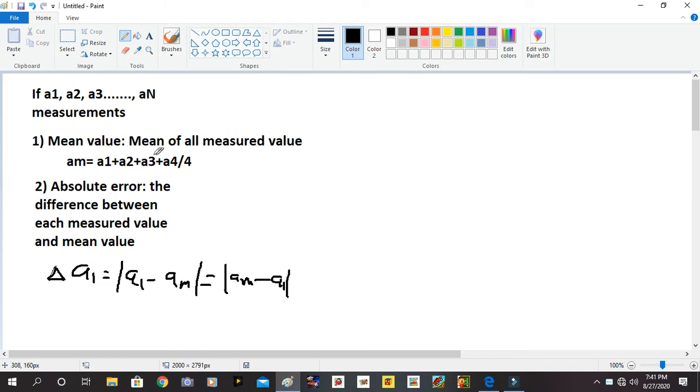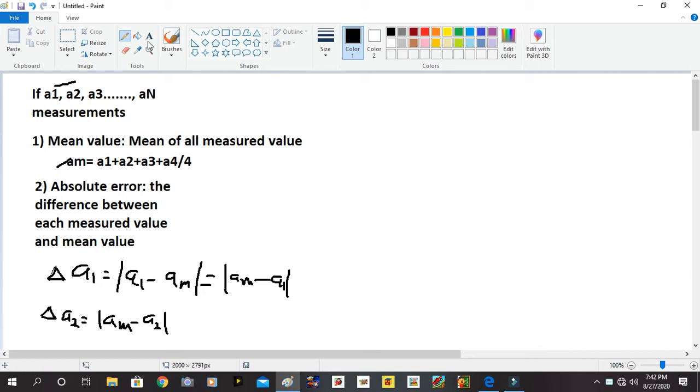So A1 is the first measured value and AM is the mean value. Then the difference between the first measured value and the mean value is called the first absolute error. Like that, you can find the second absolute error, delta A2, which is equal to AM minus A2. Similarly, you can find delta AN also.